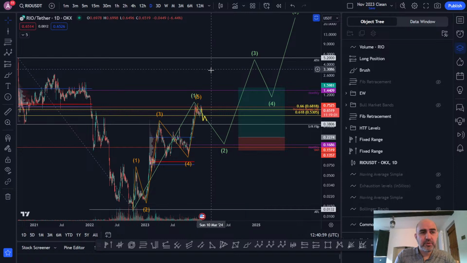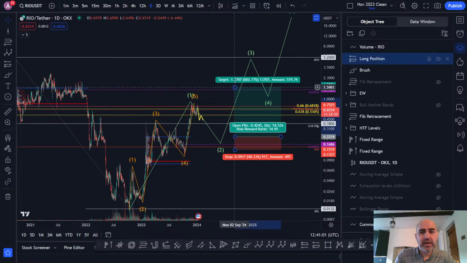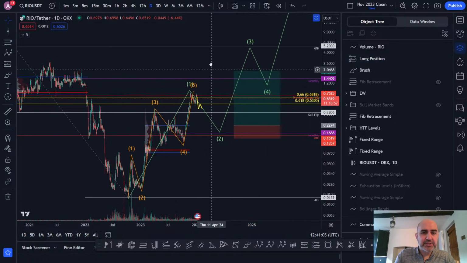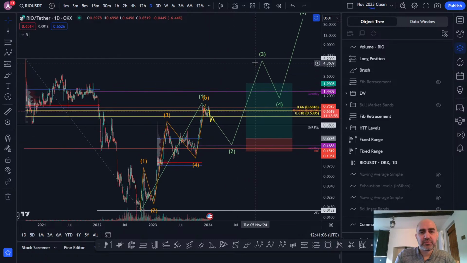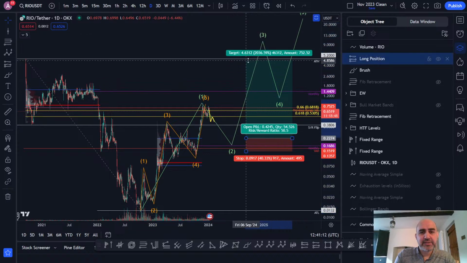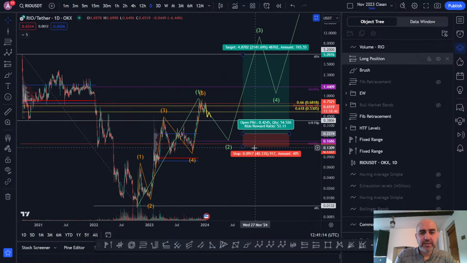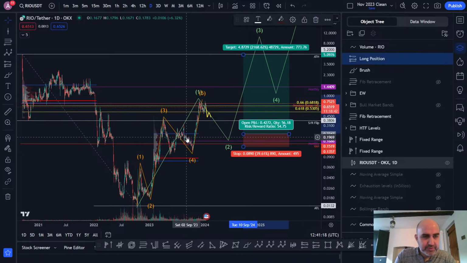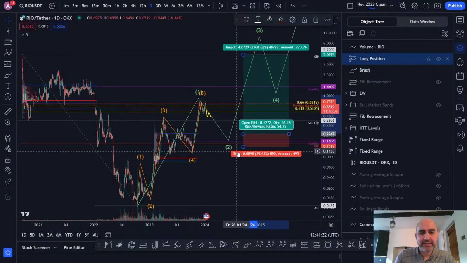And then obviously your target would be the all-time high and above. Actually, the all-time high would mean a shorter 3. Probably you're looking for a longer 3, possibly. Who knows? But at the very least, you'll be looking to get back to the all-time high. So if you can enter at the value area high of this previous range, if you lose it and reclaim it, that will be the best entry.